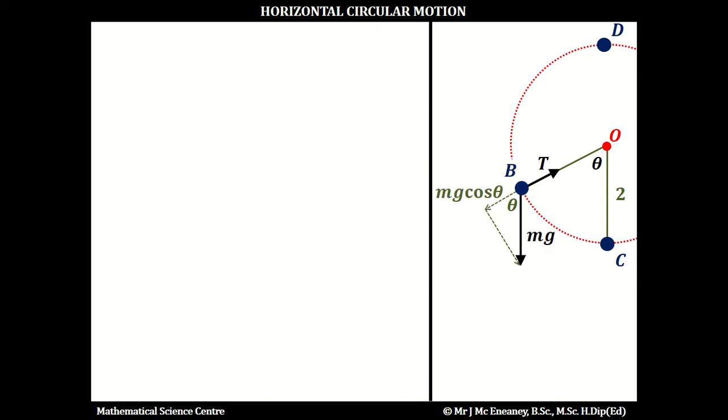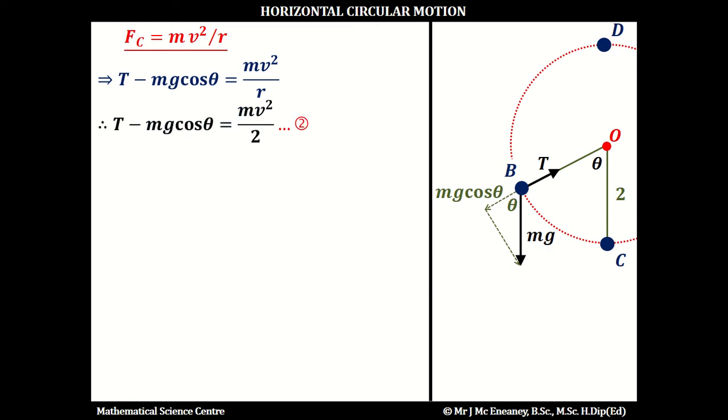So the resultant force towards the centre would be T minus mg cos theta. Now the centripetal force Fc equals mv squared over r. So the resultant force towards the centre is T minus mg cos theta, and that's going to equal mv squared over r. Now we do know that the radius is 2, so this means T minus mg cos theta is mv squared over 2.